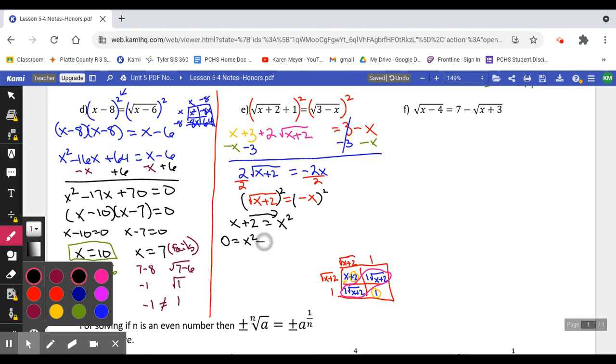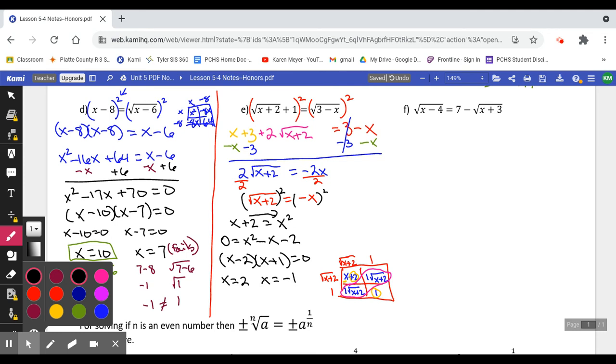So x squared minus x minus 2. What multiplies for negative 2 that adds for negative 1? So x minus 2 and x plus 1. Solve and you get x equals 2 and x equals negative 1.